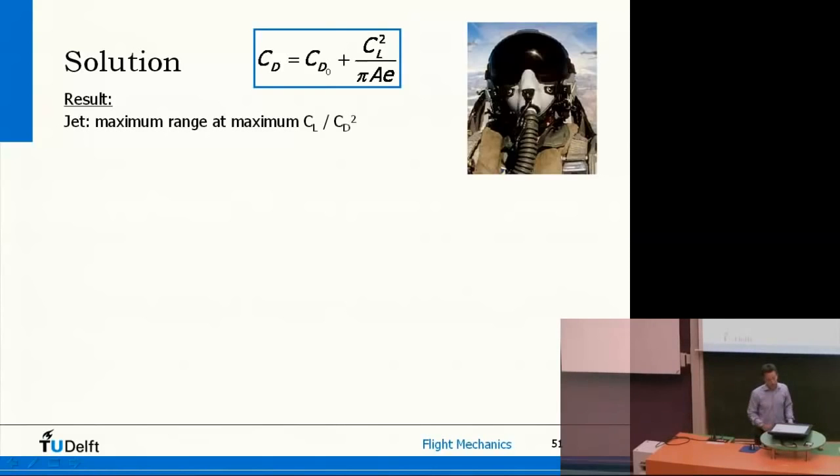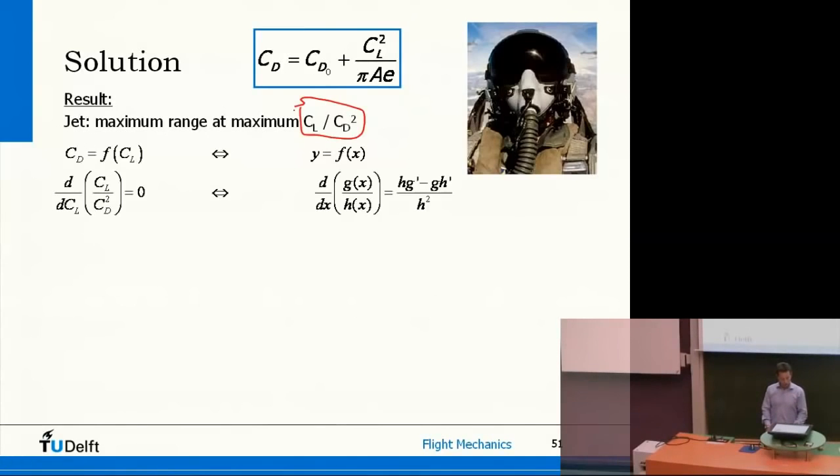This means that CD is a function of CL, or Y is a function of X, and I'm going to have to take the derivative with respect to CL. So I take the derivative of this equation, CL over CD squared. Now that's more or less the same as in the previous example.